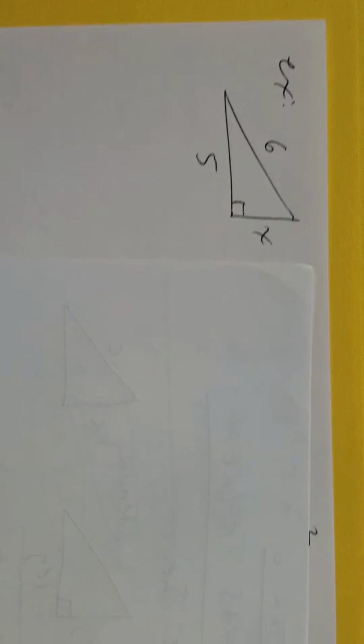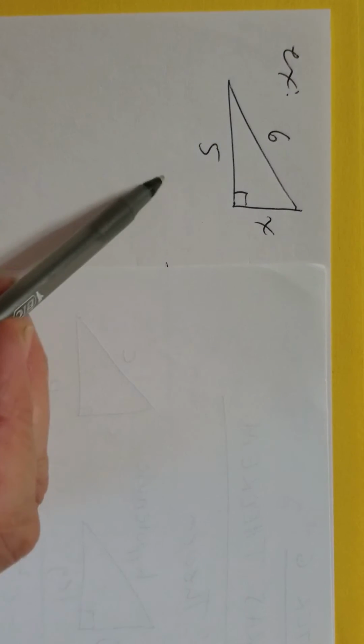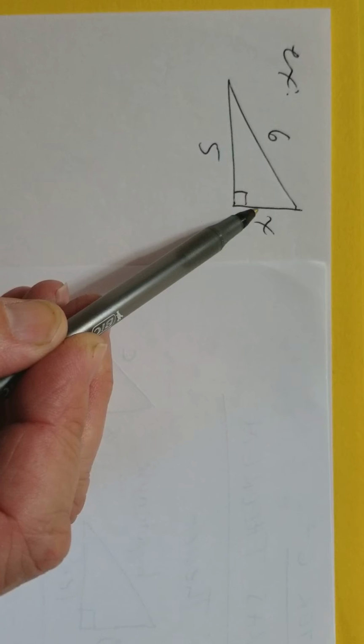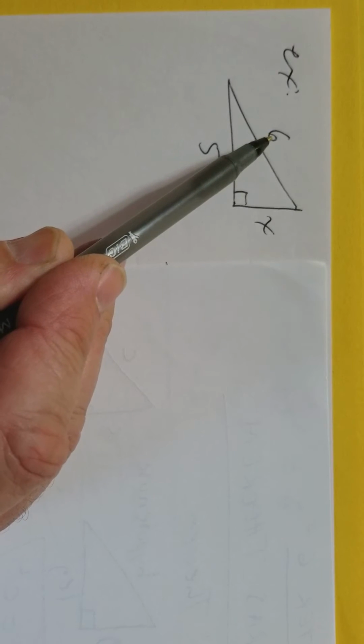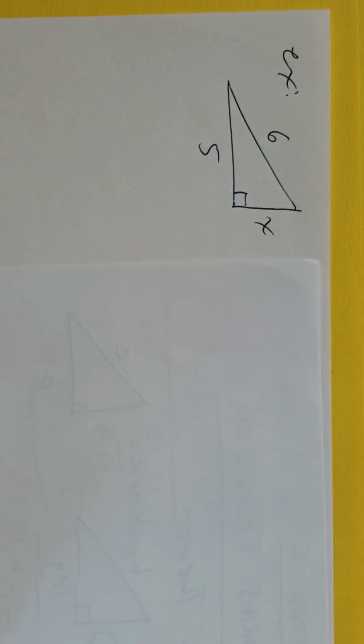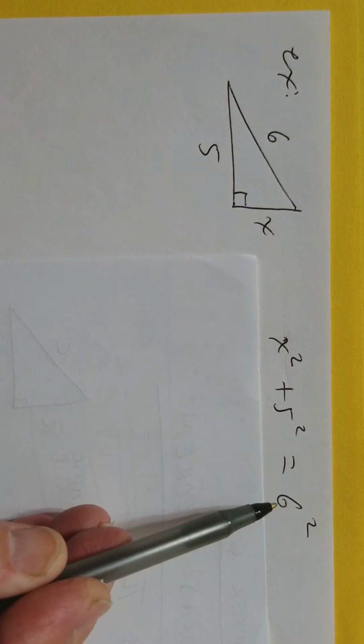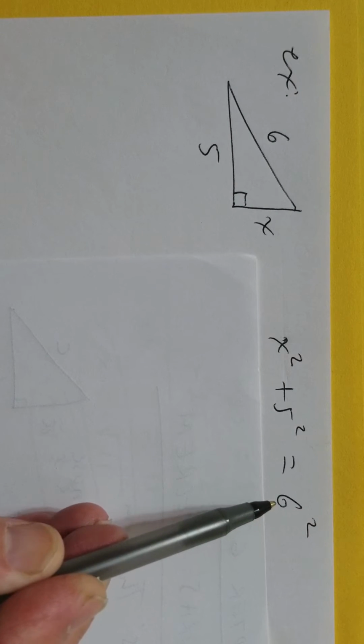Okay, look at this example. This is the second example. In this one, notice the legs, A, B, and the hypotenuse, 6. If we put these into the formula, the 6 is out here by itself, because that's the position of the hypotenuse.